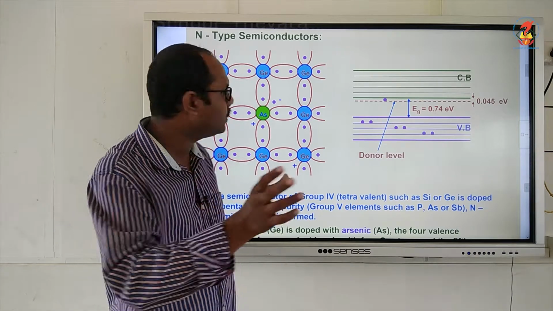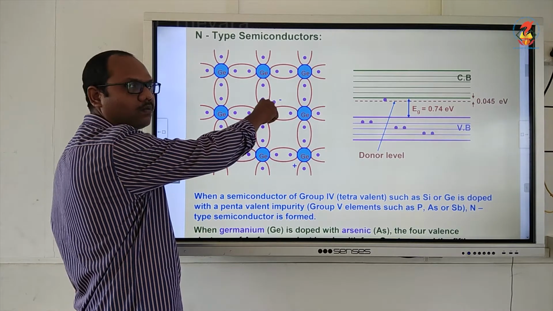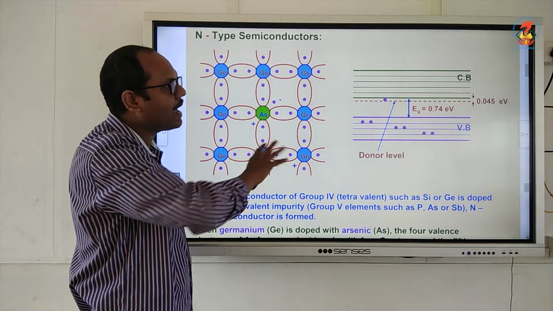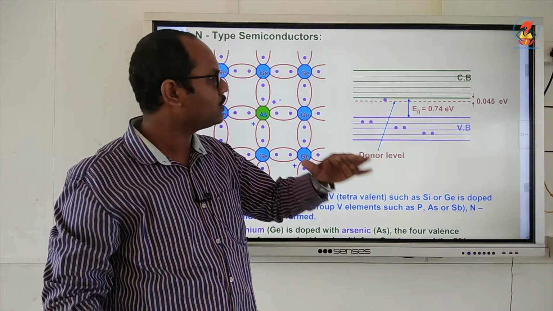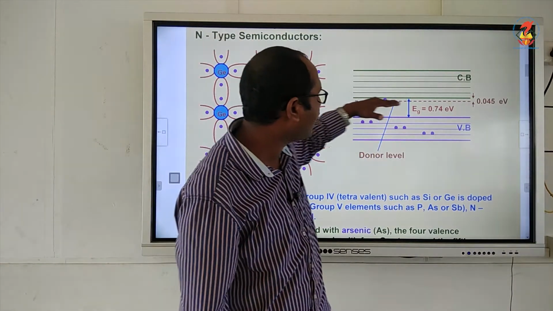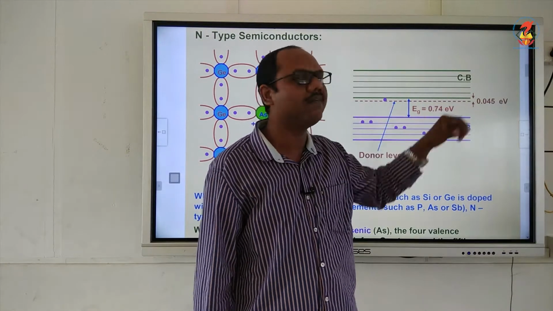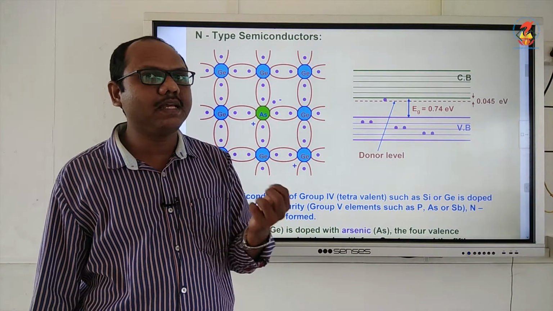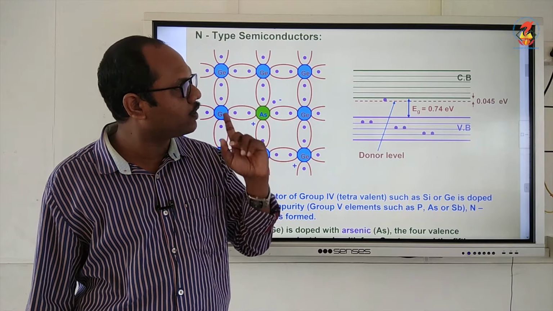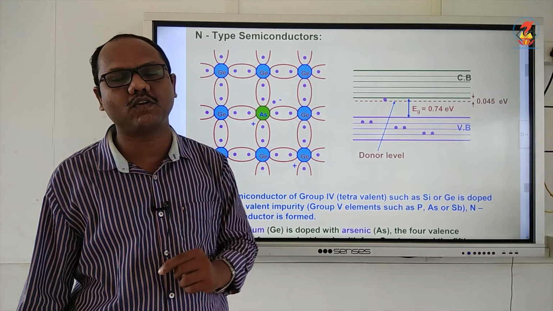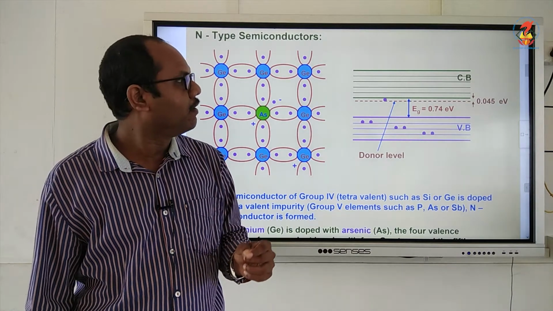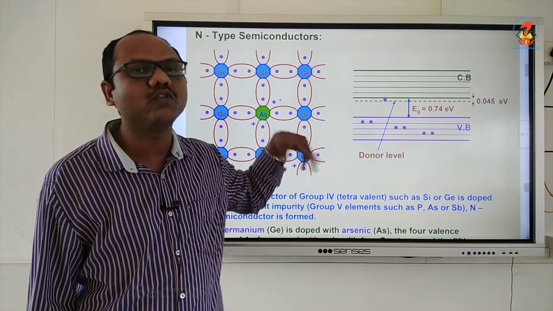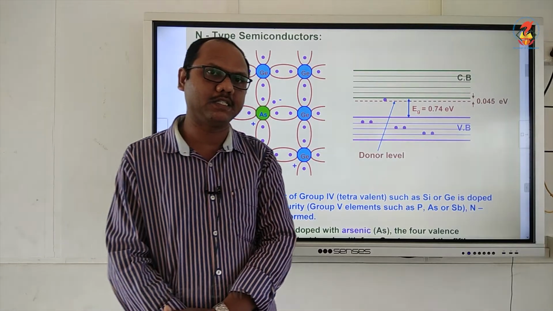Okay. So initially when that electron is formed which is unpaired, that electron will stay somewhere in the lattice and all those electrons will achieve a different energy level which is called the donor level. Now a very small energy, that is of the order of 0.045 electron volt, is required for the electron in the donor level to move towards the conduction band.